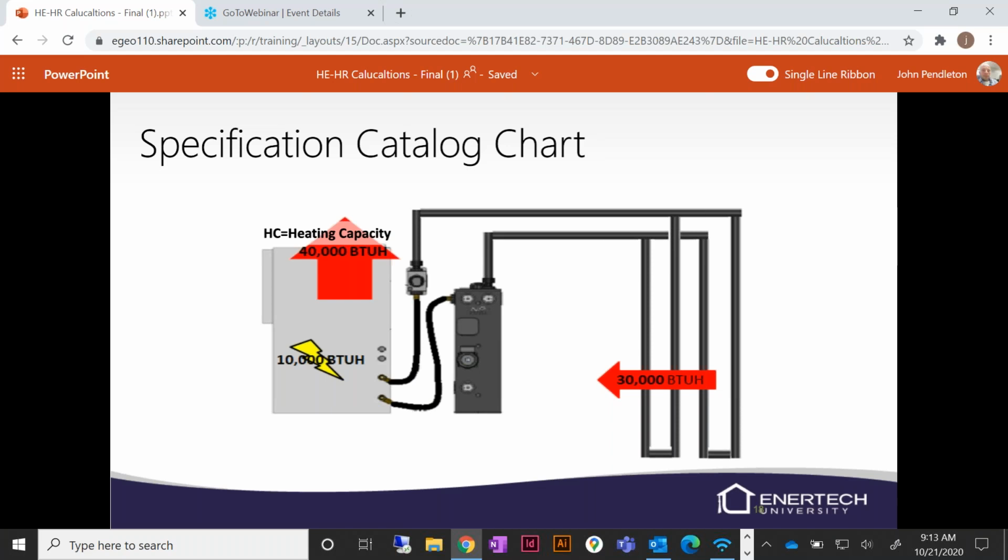So total heating capacity into the home is heat of extraction plus the heat of compression. In this example, we're just going to say it's 10,000 BTUs in the refrigerant circuit on the compressor. So 30,000 from the loop field plus 10,000 from the heat of compression equals 40,000 BTUs total heating to the home.